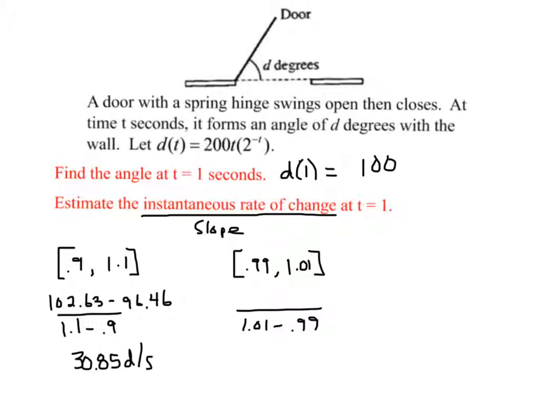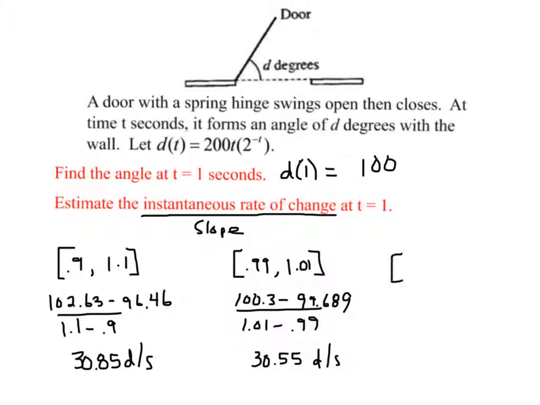I get 100.3 minus 99.689. So again, I'm just plugging those in to do the slope. So when I type this into my calculator to find the slope, I get an answer of 30.55 degrees per second.